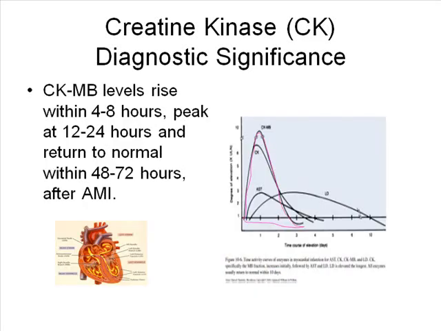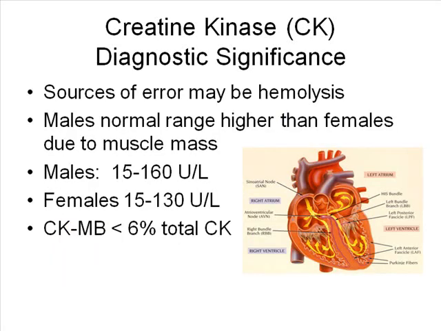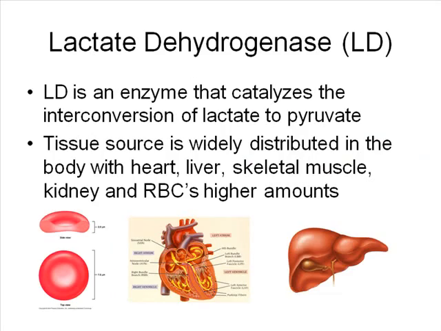It elevates within 4 to 8 hours, peaks in 12 to 24 hours, returns back to normal in 48 to 72 hours. Normal ranges differ, as we said, for male and females. LD, now LD used to be used much more frequently for acute MI.